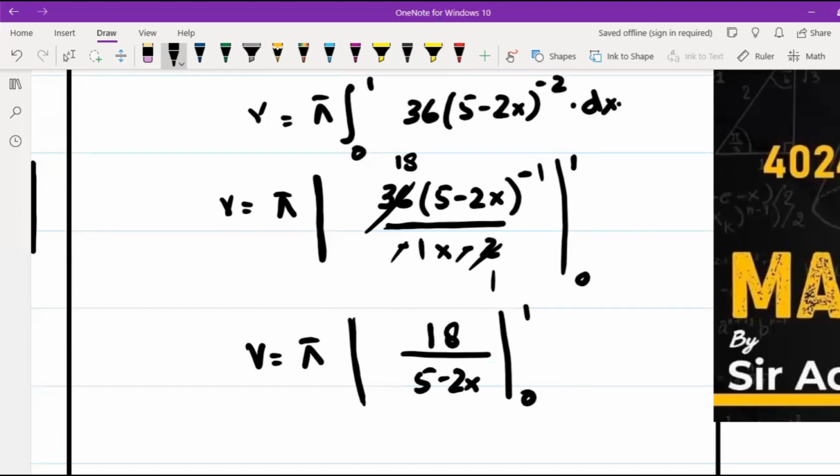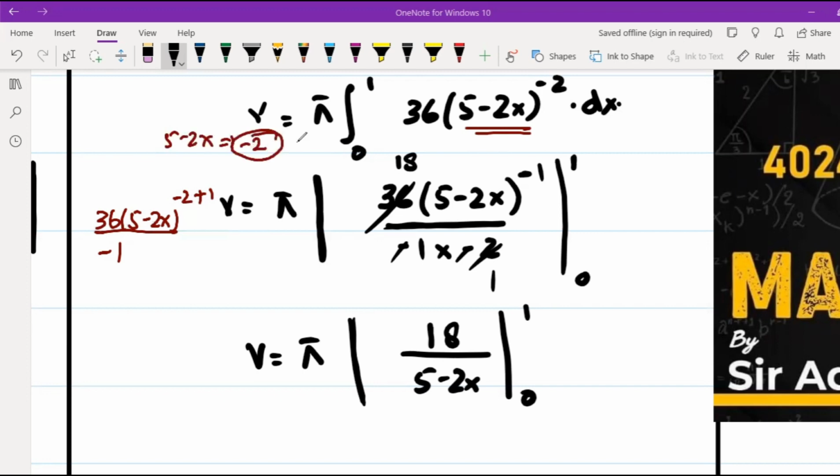You need to understand that in this particular case, when we were integrating 36 (5 minus 2x) to the power negative 2, we introduce plus 1. So negative 2 plus 1 becomes negative 1. We divide it by negative 1. And the differential of the bracket, when we have 5 minus 2x, is minus 2.